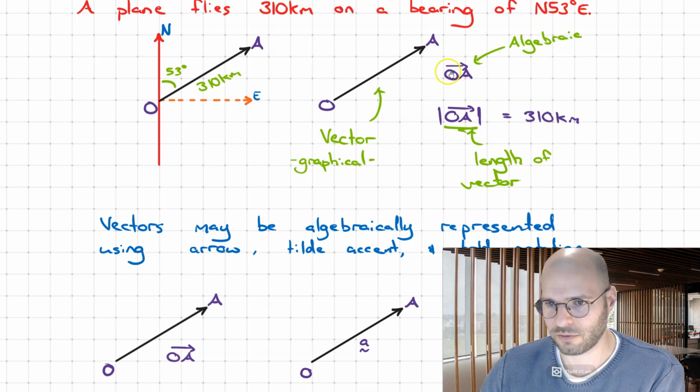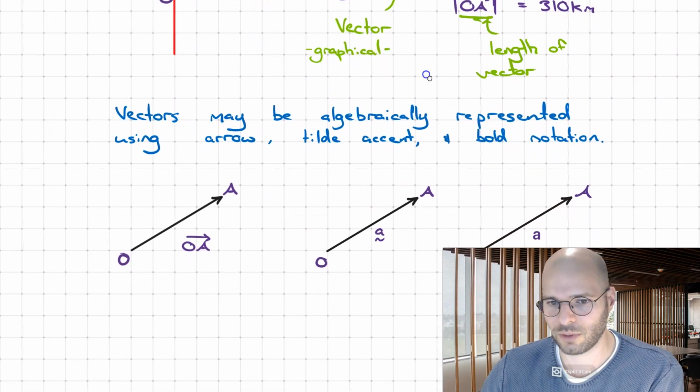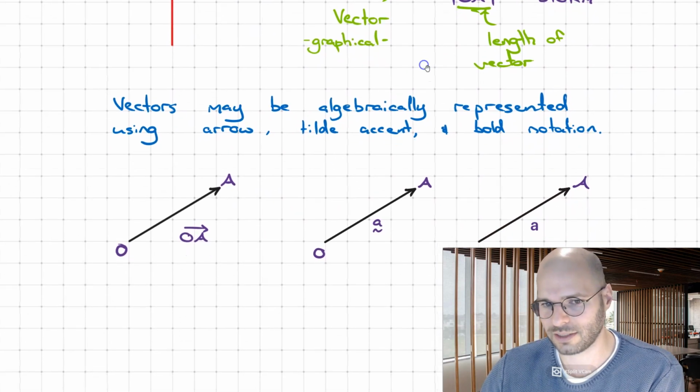The length of a vector is denoted with the modulus symbol, which is two parallel bars pointing up and down, and you simply write the vector in between. And then finally, the three ways in which we can write these algebraically are using the arrow notation, shown over here, tilde accent, shown over here, or the bold notation, shown over here.